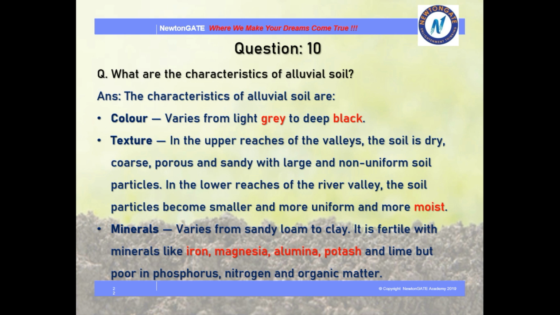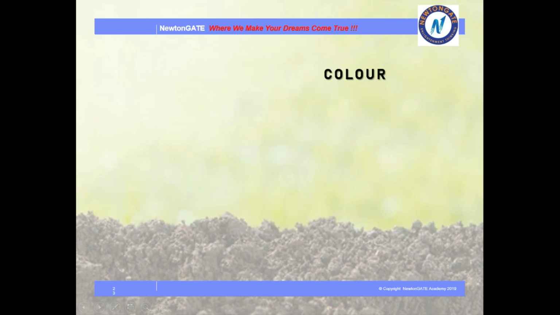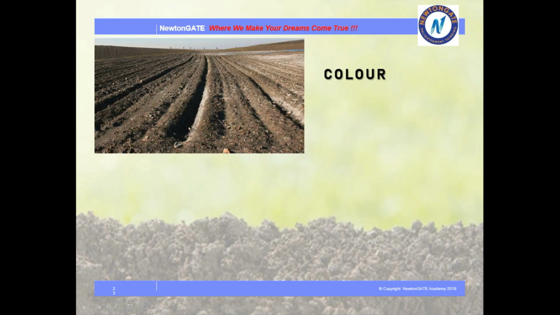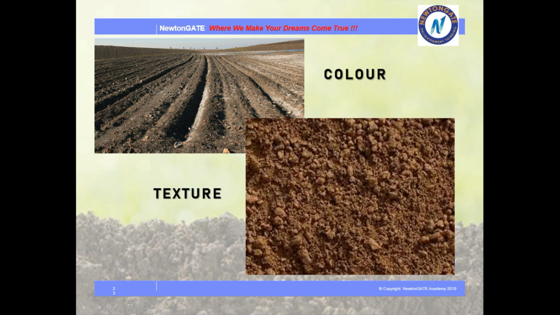Iron, magnesium, alumina and potash are all present in this soil, and it is very poor in phosphorus, nitrogen and organic matter as well. So this is the color of the alluvial soil, and this is the texture of the alluvial soil.